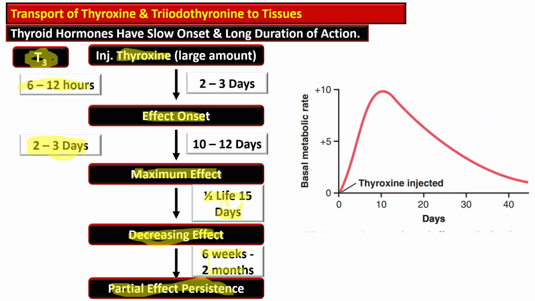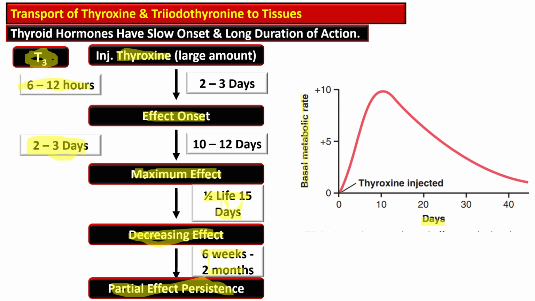So this is a graph showing the approximate prolonged effect on BMR caused by administering a single dose of thyroxine. This is illustrating the long-lasting effect of a single large dose of thyroxine T4 on the BMR over time.